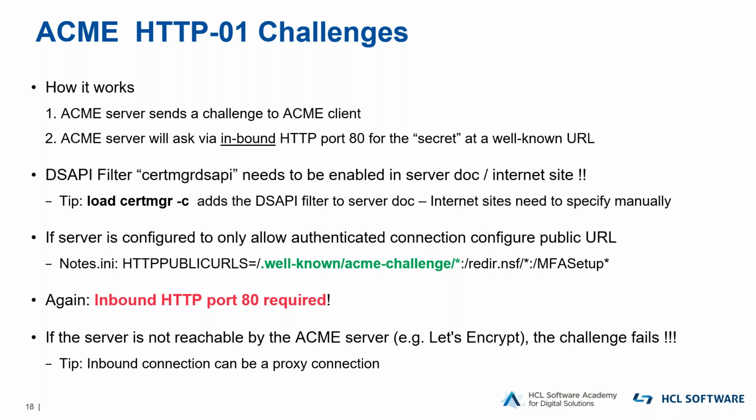Okay, I explained most of this already on the slide with the picture. What is important here, and I put this again in red, because this is where your customers, if you're a partner or you as a customer, will have most questions: the inbound port 80 is a very strong requirement. You have to have the first request here.